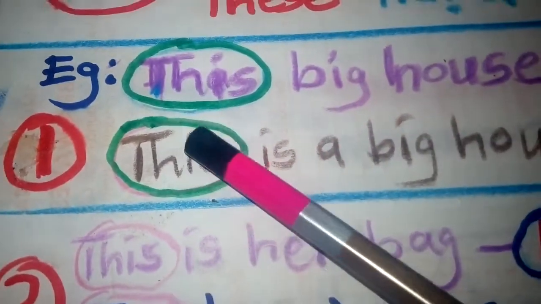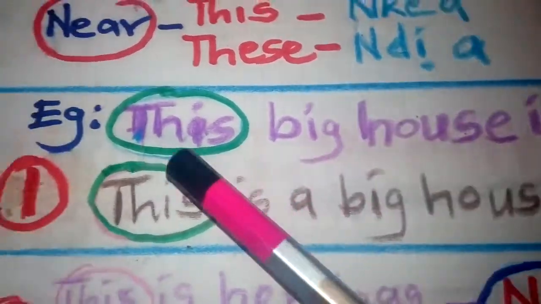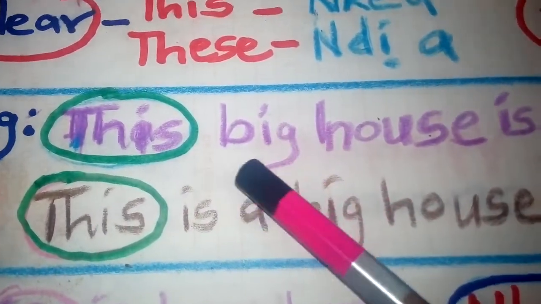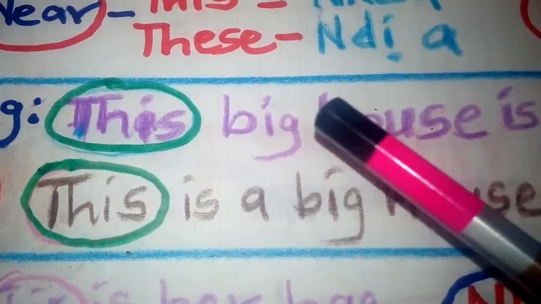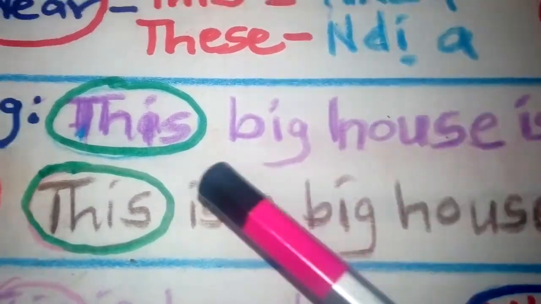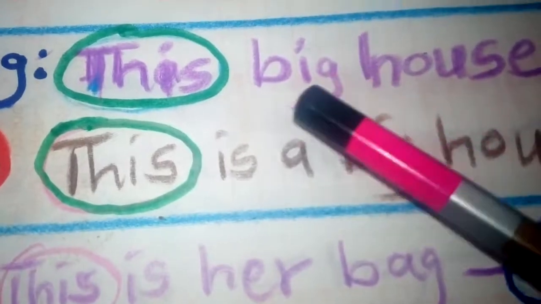Like here, this big house. This big house is a demonstrative adjective. I will tell you why later.